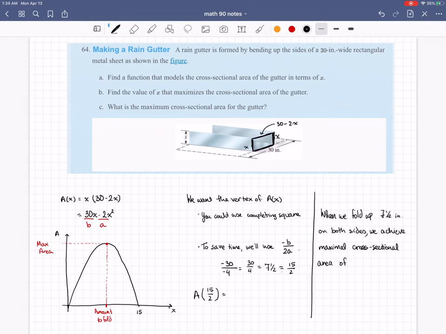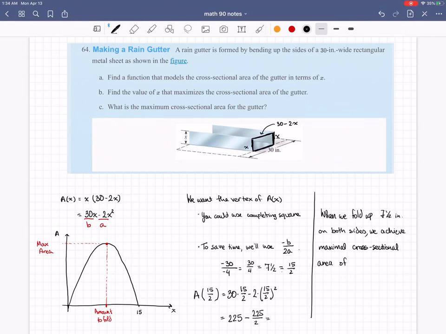So we have 30 times 15 halves, minus 2 times 15 halves squared. What's nice here is that the 30 and the 2 will reduce, so we'll just have 15 times 15, which is 225, minus, so 15 over 2 squared is 225 over 4, multiplied by 2, you get 225 over 2.